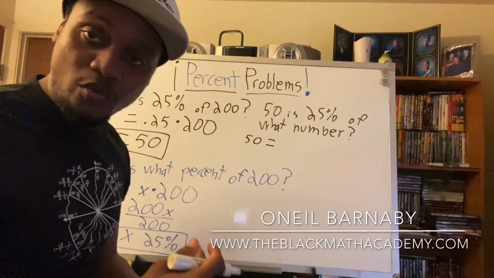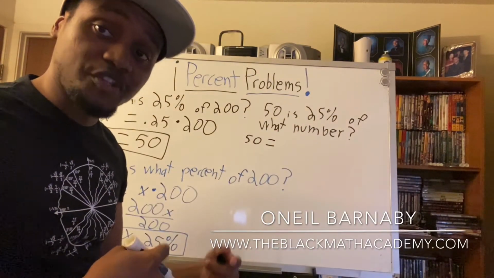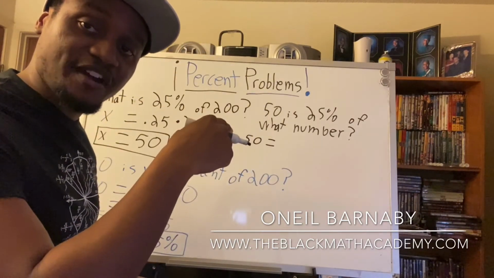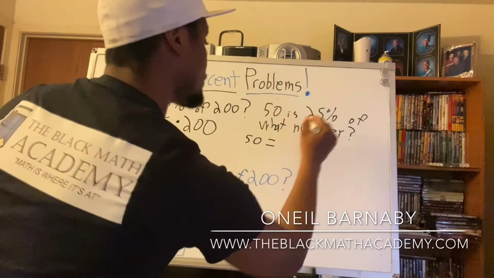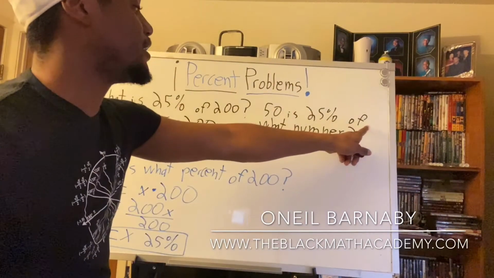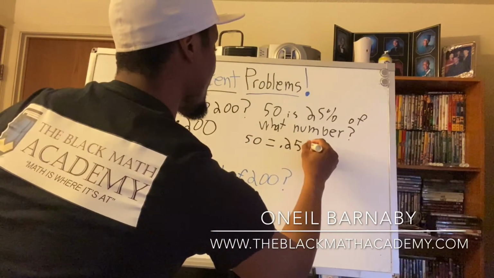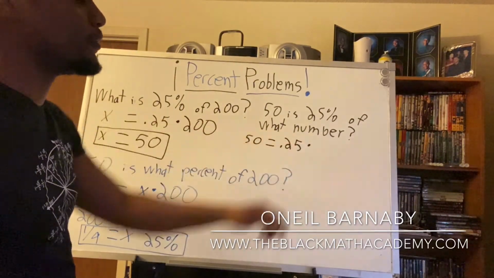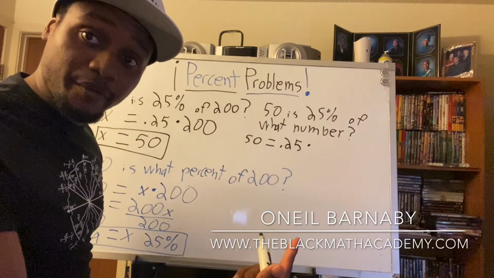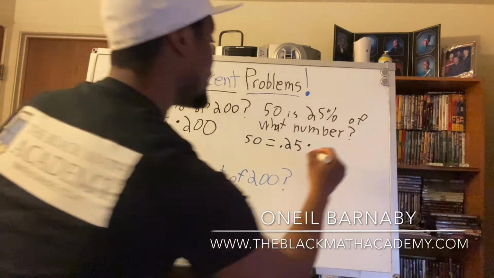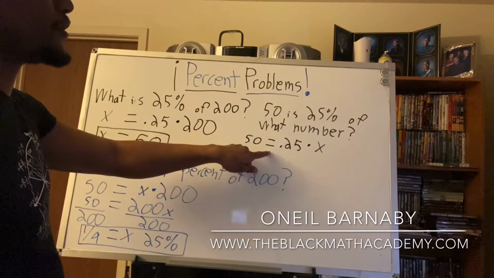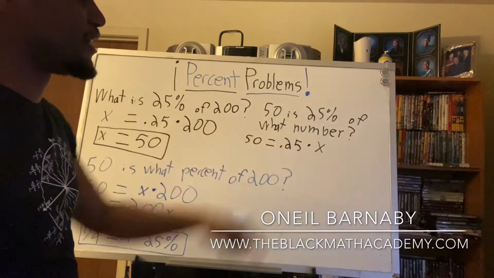25%. Again, percent, you want to turn those into decimals when you're doing the actual calculation. So move the decimal point in the percent 2 times to the left. So 25% becomes 0.25. Of literally means multiply. And what number is something that we don't know. And anything in mathematics that you don't know, you call it your variable. So we'll call it x once again. All right. So 50 is equal to 0.25 times x.